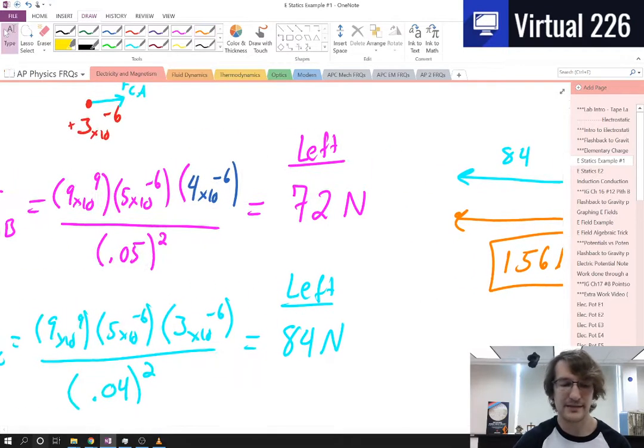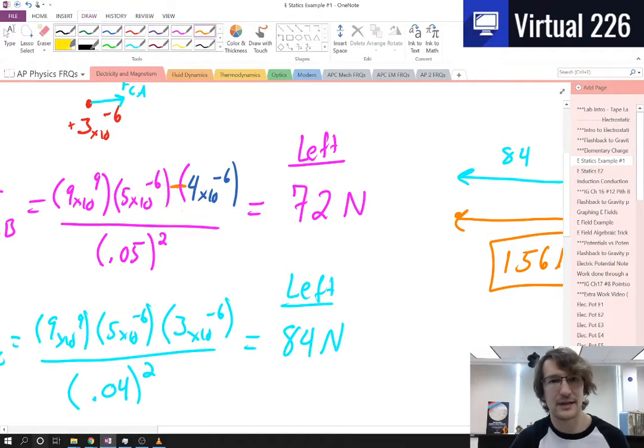You'll probably recognize now that the mistake I could have made here is if I would have put the negative in for my negative 4 charge for charge B, then I may have accidentally put the negative here. There's nothing wrong with that negative. Mathematically, it looks right. But what I'm saying then is left is the negative direction and left is the positive direction, which doesn't make any sense.